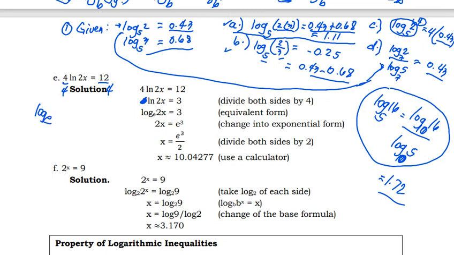That means this is log base e of 2x equals 3. Then therefore 2x equals e cubed. And dividing by 2, you get x equals e cubed over 2. When e is equal to 2.71828 and so on, we cube that one, then divide it by 2. We get 10.04 using our calculator.